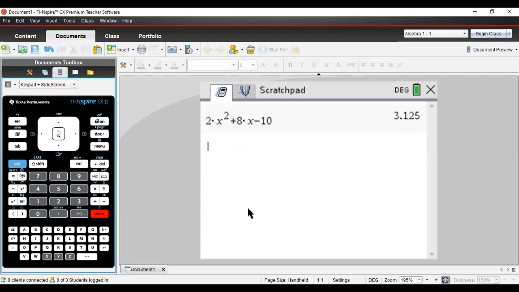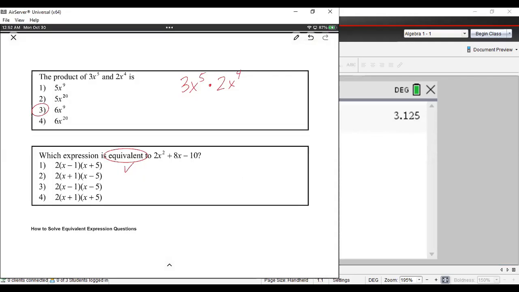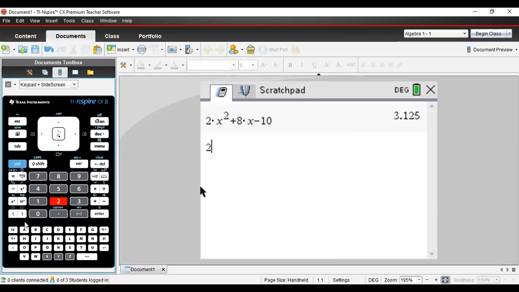So one of these expressions is going to match. Let's see, which one do I think that's going to be? I think it is going to be the first one. So let's just type that in. It's going to be 2 parentheses x minus 1.